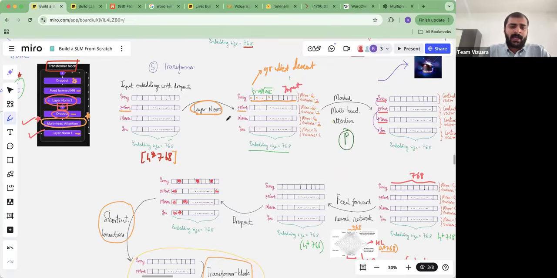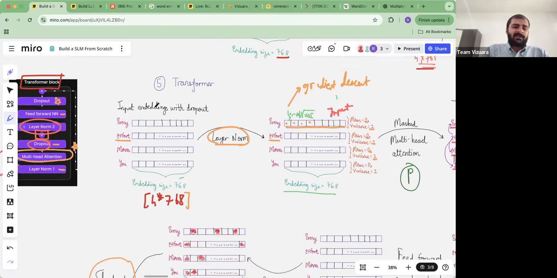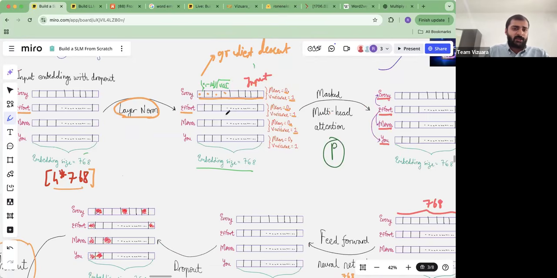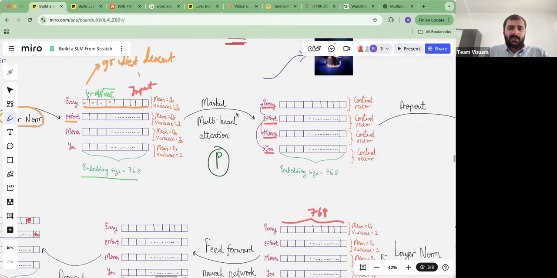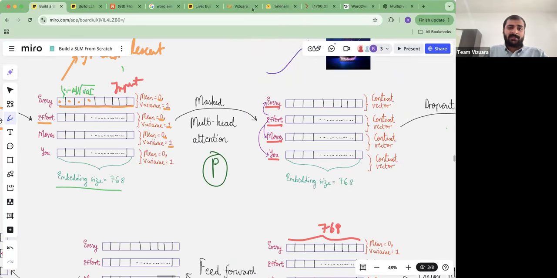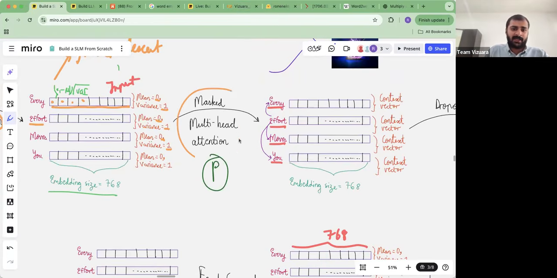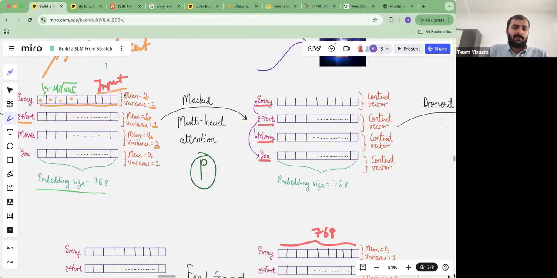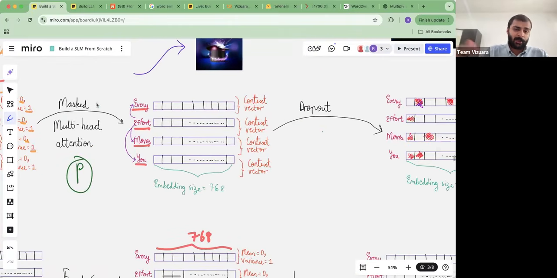To give you a quick recap, the transformer block starts with the input embeddings, 4 into 768. We do layer normalization to stabilize the training. Then the place where the tokens get to know about their neighbors and where we encode context is the multi-head attention. Once we come out of the multi-head attention, the input embedding vectors are no longer called input embedding vectors. They are called context vectors because now they contain much richer information about the neighbors.